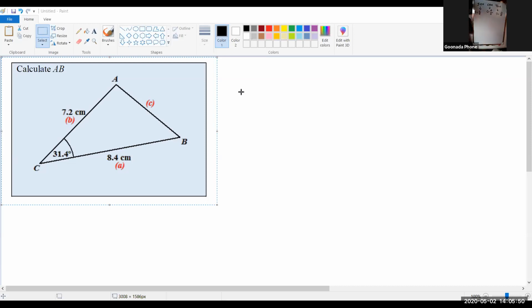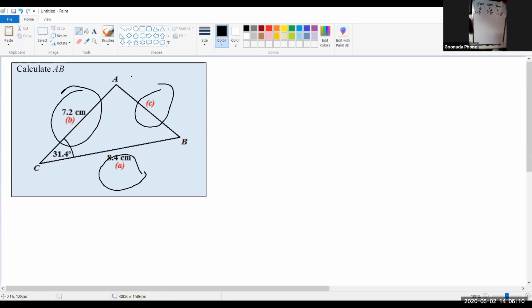So let's see how we're doing that then. Obviously, we know we are using the cosine rule, right? Because we have to find a length, right? So as you can see, opposite capital A is small a, opposite capital C is small c, and opposite capital B is small b. Okay?